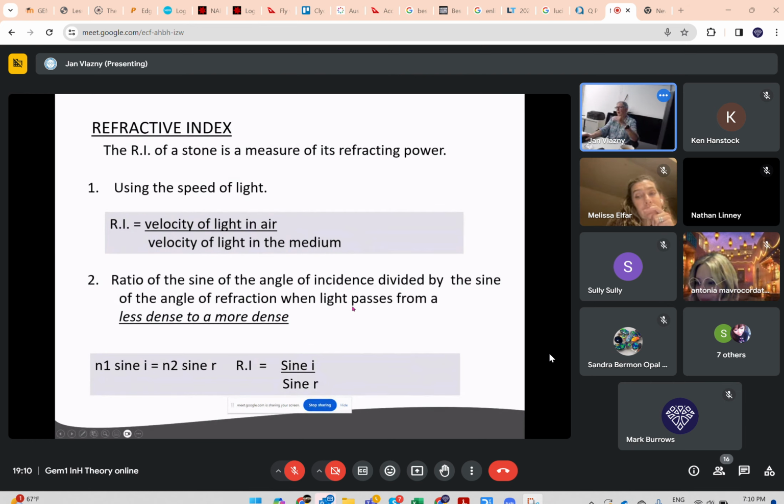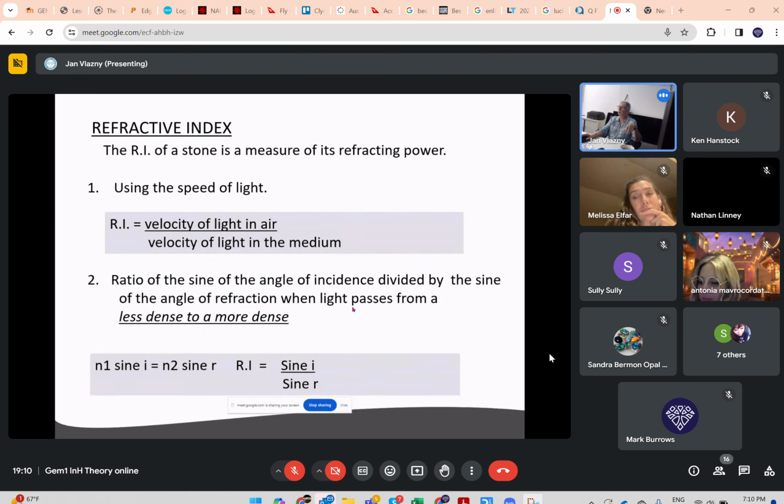That's how fast it will come through our atmosphere to us. What's the unit of measurement? Kilometres per second. RI is a ratio, so it does not have a unit because we are comparing things. So what's the 300,000? That's the velocity of light in air.